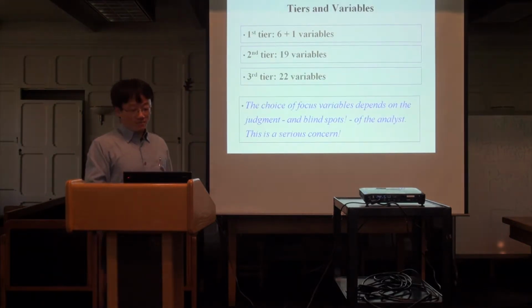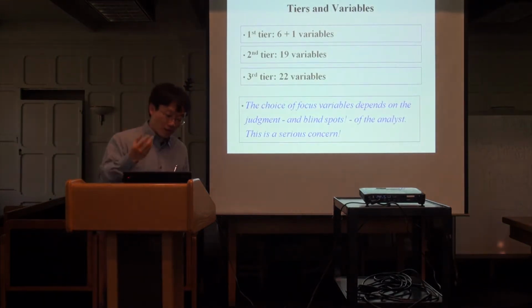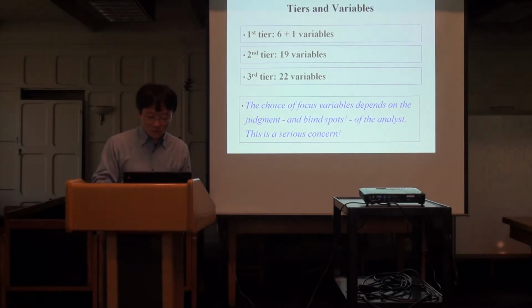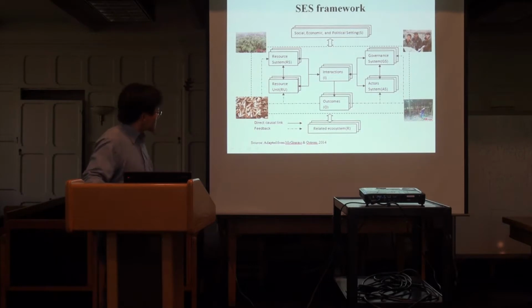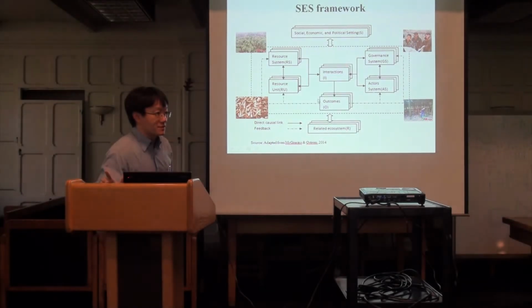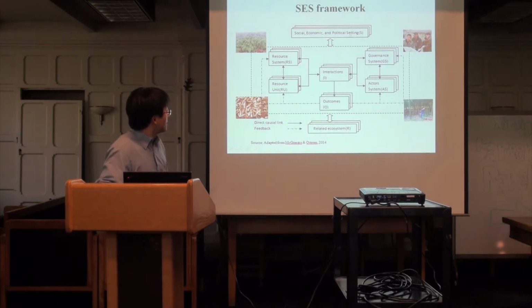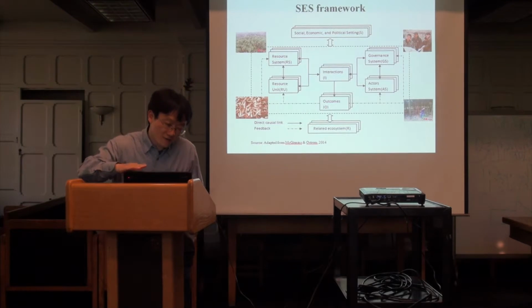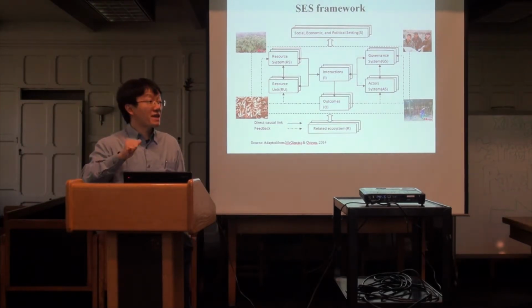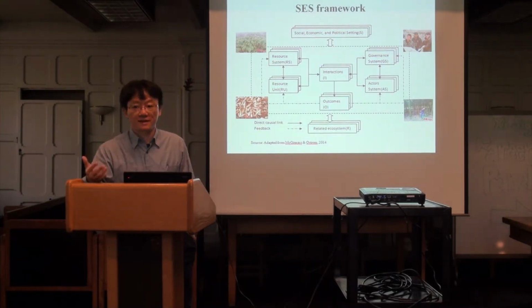In our study, we have three levels of tier. What's a tier? Something like this. This is the first tier. We have 8 variables in the first tier, and for example, the resource system is at the first tier. The resource system can be decomposed into a second tier.